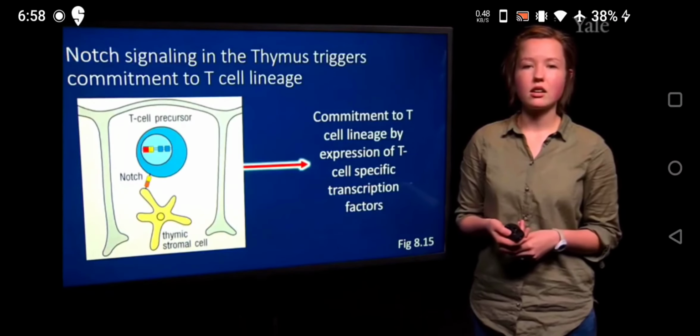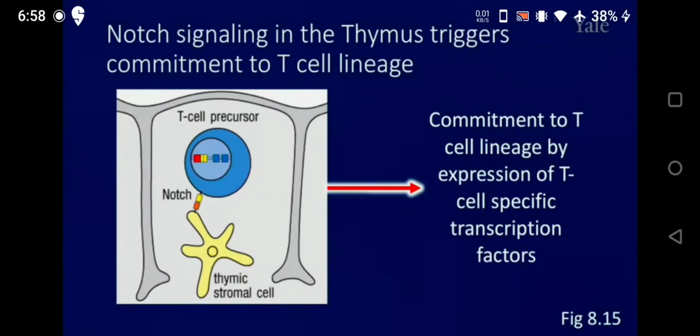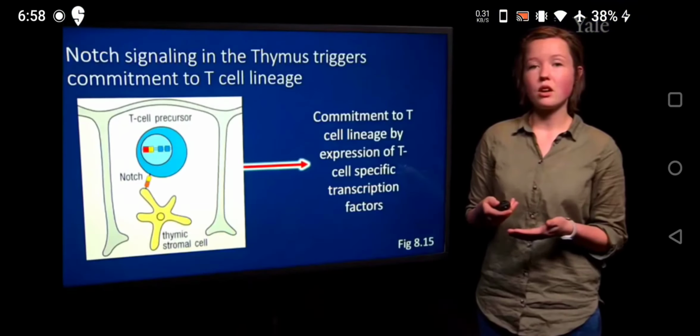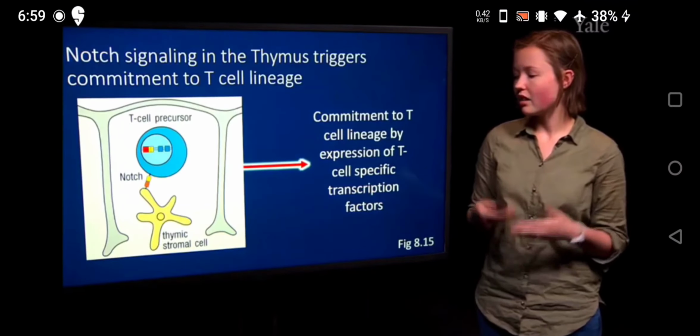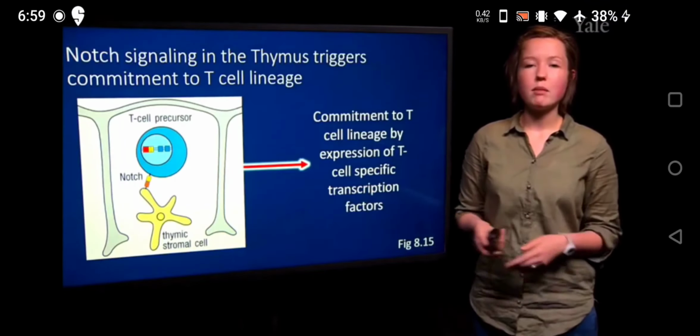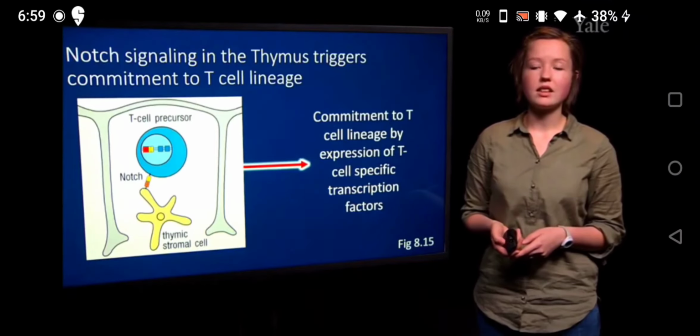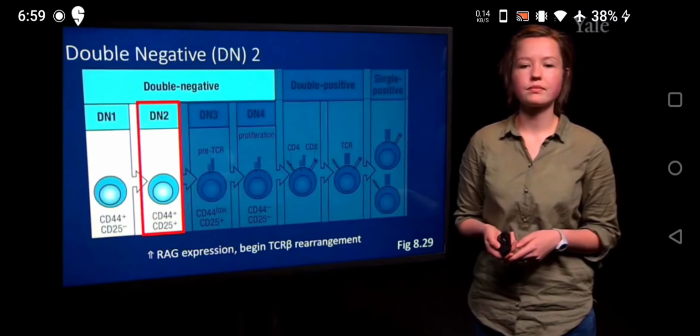The way that this occurs is once these precursor cells enter into the thymus, they interact with thymic stromal cells that express Notch ligands on their surface. These precursor cells have Notch receptors on their surface, which results in signaling to the T cell and ultimate commitment of that cell to the T cell lineage.